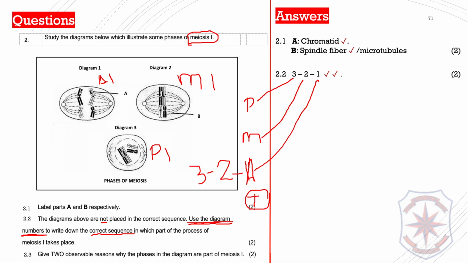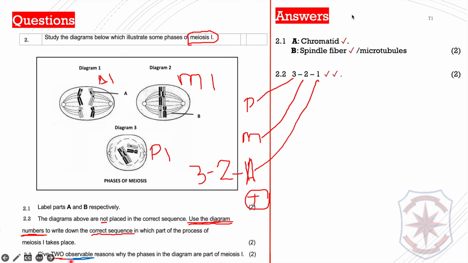The last question. Give 2 observable reasons why the phases in the diagram are part of meiosis 1.